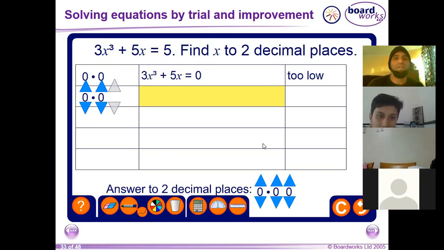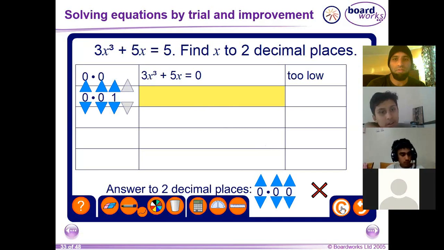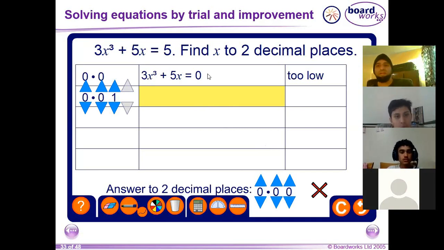So the first number you want to put in maybe is, I don't know, let's see. You guys can try. Put a number in that you think might be correct.